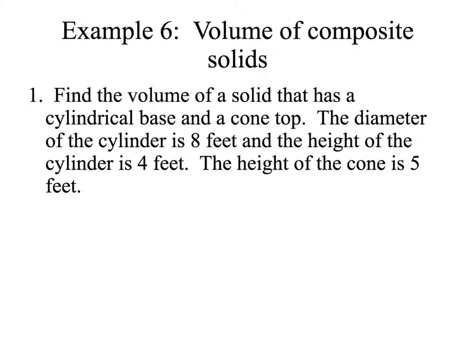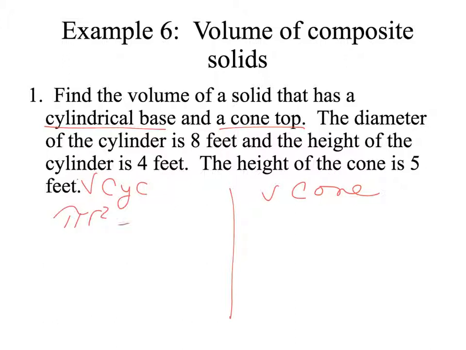So we're back to our composite solids now. And this time we have a cylindrical base and a cone top, so we're actually going to put the two together. We're going to do our volume of our cylinder, and our volume of our cone. So the cylinder is pi r squared h. My diameter is 8 feet, so I'm using the 4 for my radius, and my height is 4.